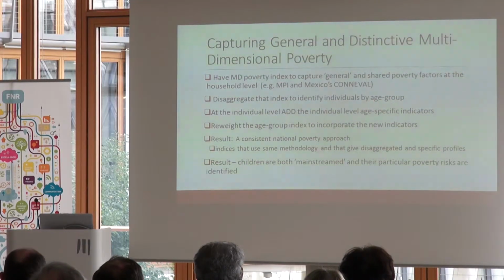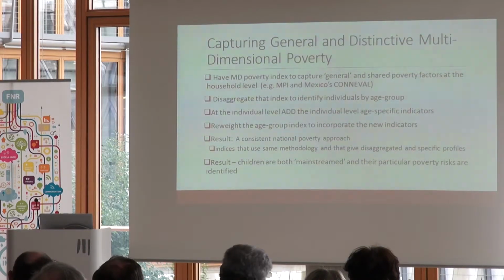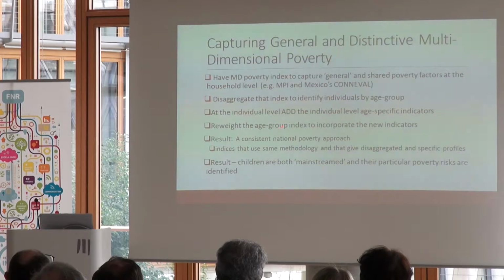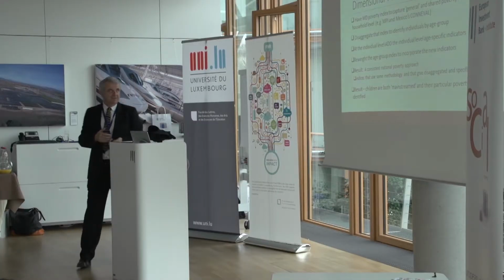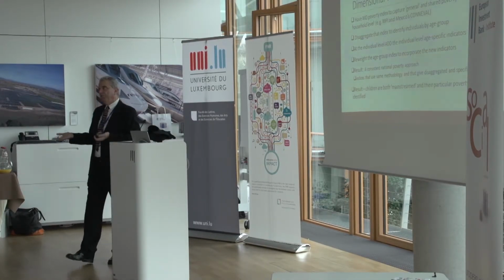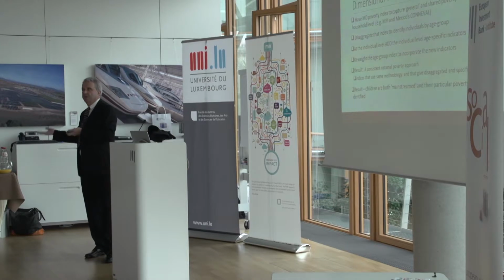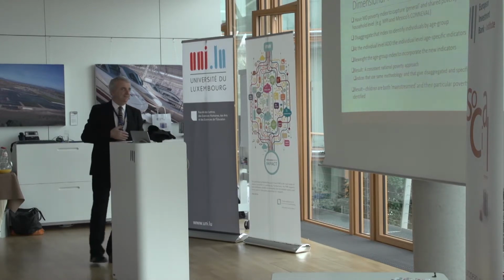So how many people with those general characteristics are poor if they're children? Then we can add those specific child level indicators and reweight those children to incorporate the general and their new indicators. And the result is a consistent national poverty approach using a multidimensional measure that can be disaggregated.